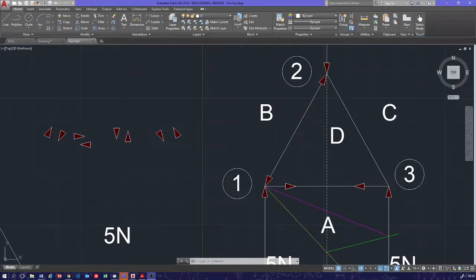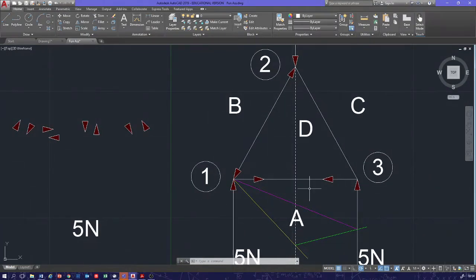So what's happening? Well, we've got a pin here and a pin here, and that means that I've got a reaction force in our beam in the opposite direction. So if we've got a reaction force in the opposite direction, it means the pins are pulling out. So each corner is pulling out.